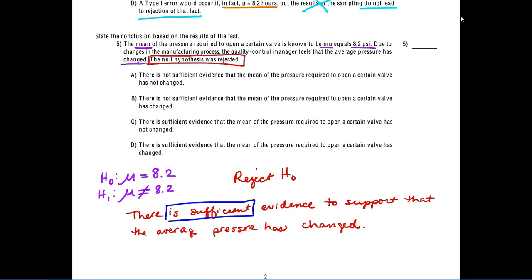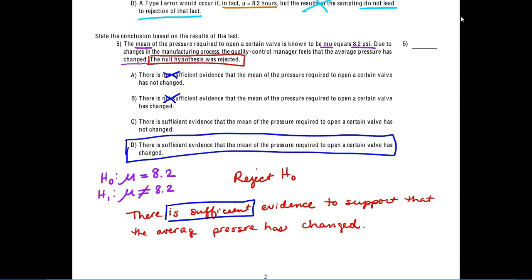If you do not reject the null hypothesis, then you say there is not sufficient evidence, and you're always supporting your alternative. So I know then this is out, this is out. So it's sufficient evidence to open that has changed, not has not changed. So my answer here is D, has changed.